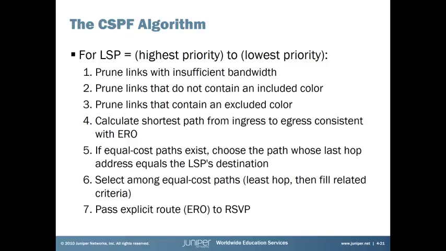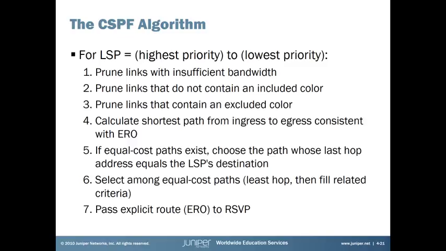If they exist, it will choose the path with the last hop address that equals the LSP's destination. Now if we've still got more than one path after that, it will select among the equal cost paths, least hop, then fill related criteria.